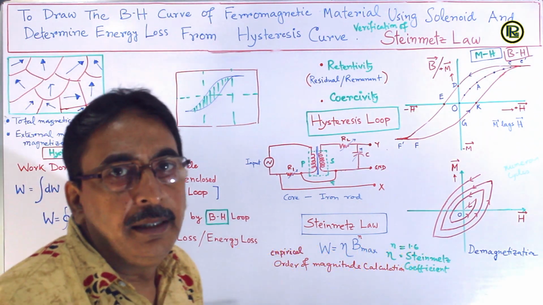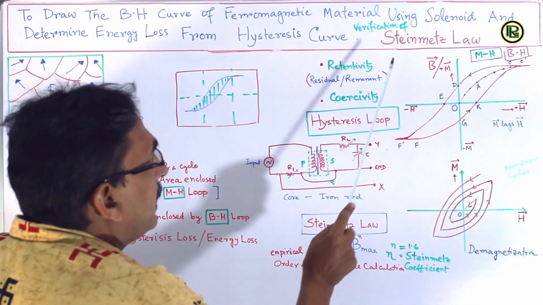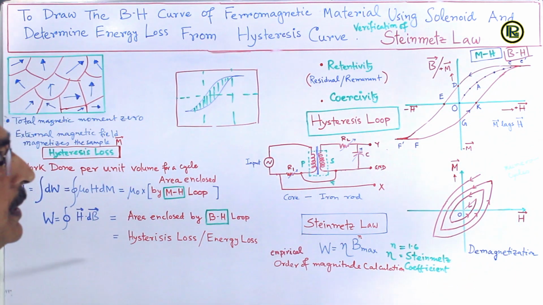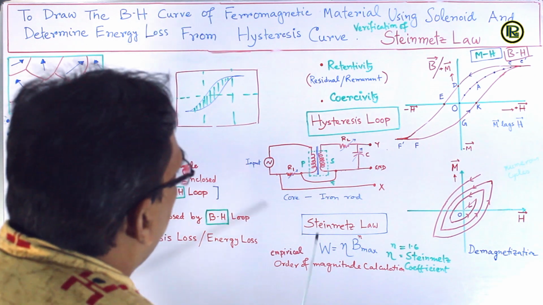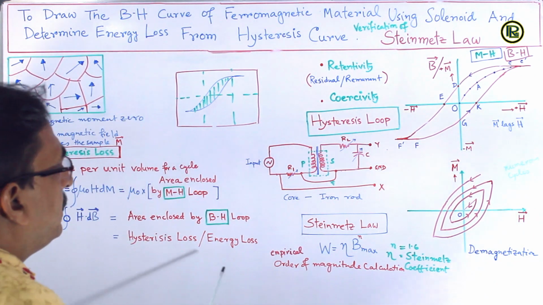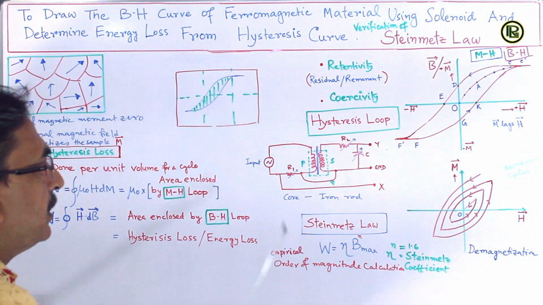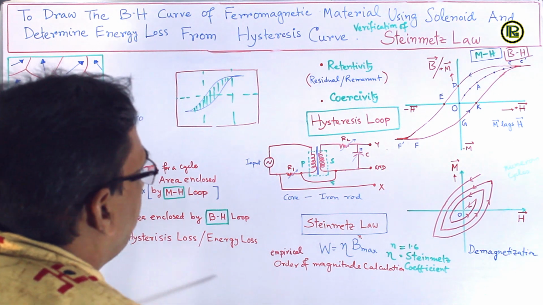And at the end I come to Steinmetz law, that is, a verification of Steinmetz law. Briefly, the Steinmetz law is an empirical law to calculate the order of magnitude of the hysteresis loss.